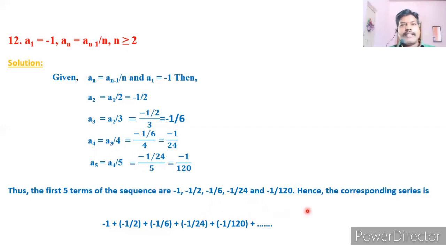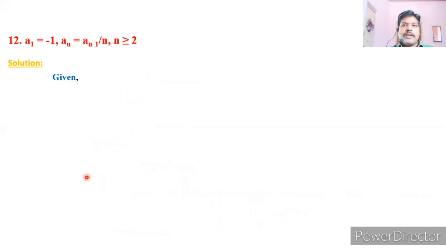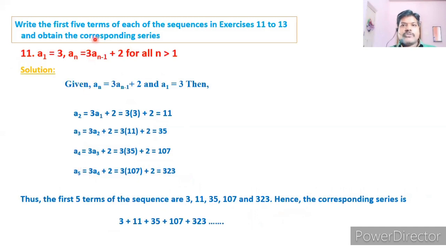And also in the previous question, question number 11, they asked the same thing. In this question also you have to write down the corresponding series. After calculating the 5 terms, 3, 11, 35, 107 and 323, the corresponding series is the sum.